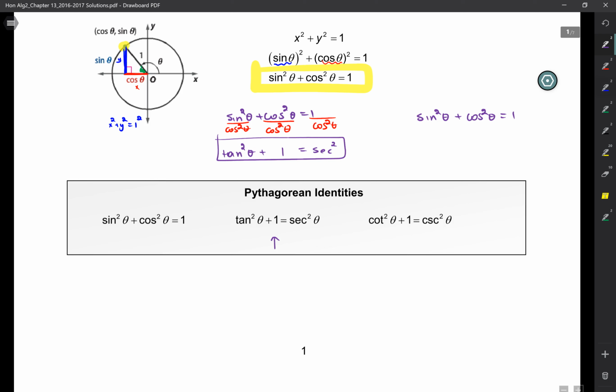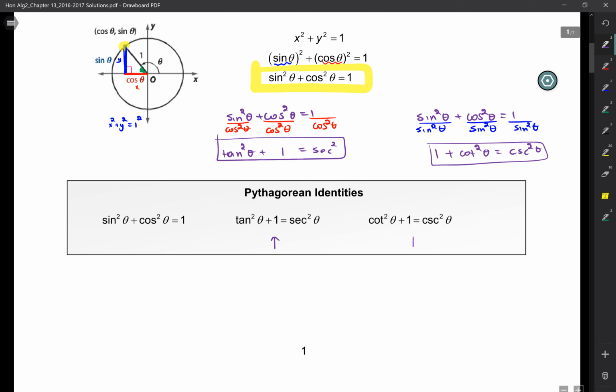And if I were to take that, and just for fun, divide by sine squared theta this time, what do I get for the first part? Sine over sine is 1, plus cosine over sine is cotangent, so this is cotangent squared theta is equal to cosecant squared theta, and lo and behold, that's that third one.